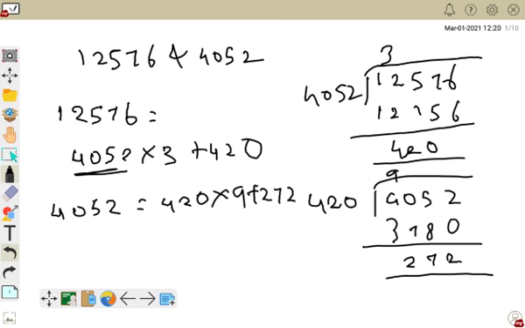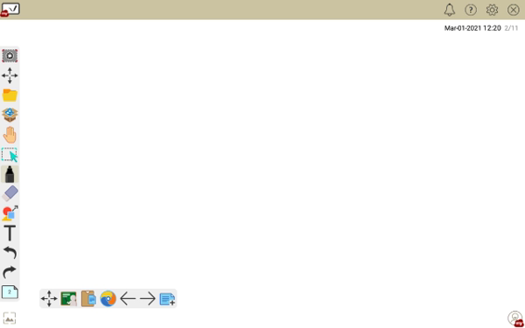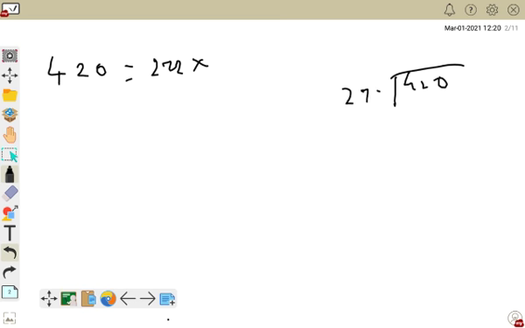So next I should be taking this as A and this as B. 420 is equal to 272 into something. So 420 divided by 272.